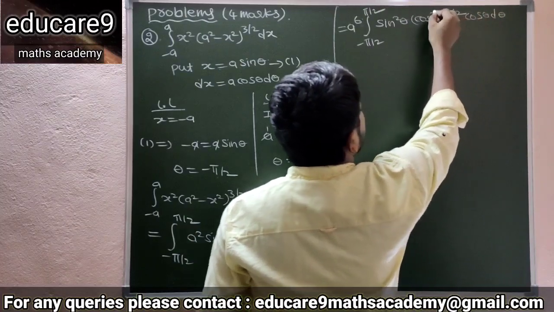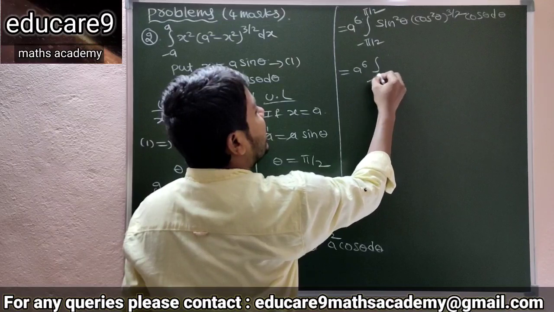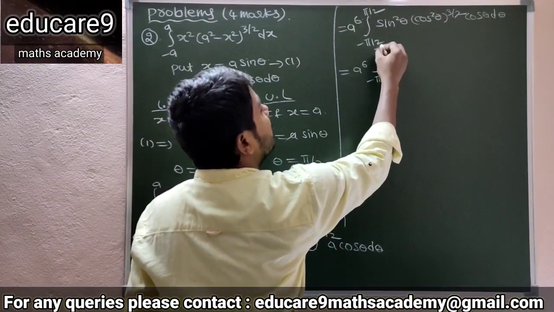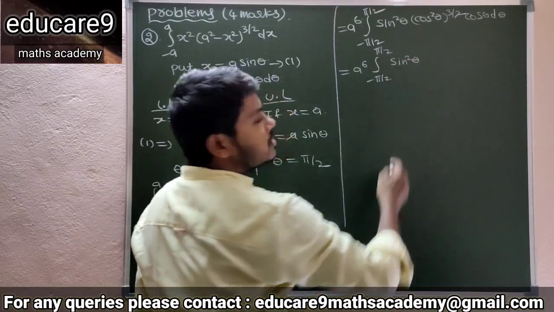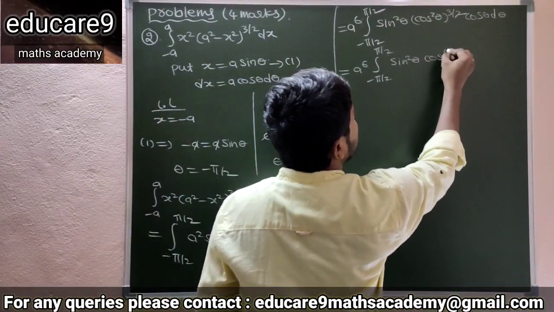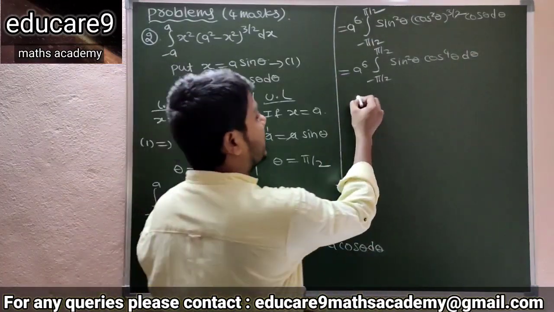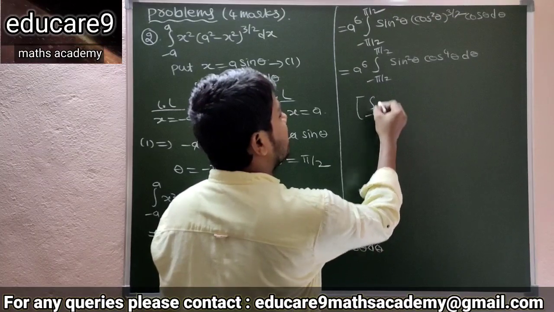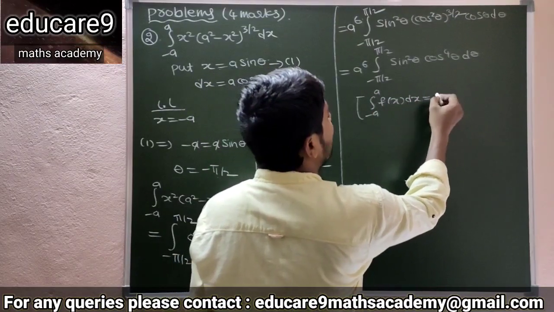Here 2 gets cancelled, you will get a power 6 into integral from minus pi by 2 to pi by 2 of sin square theta, here cos cube theta into cos theta. So clearly this is cos power 4 theta d theta. Here you apply the property, that is integral from minus a to a of f of x dx is what?